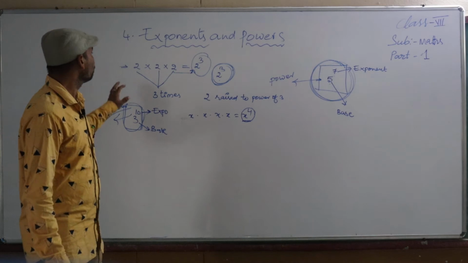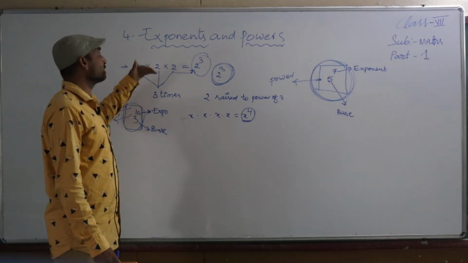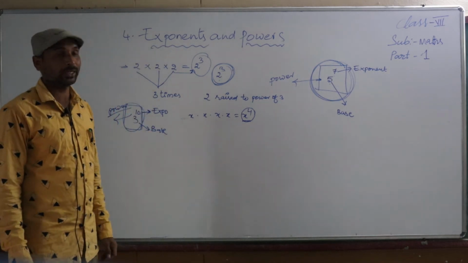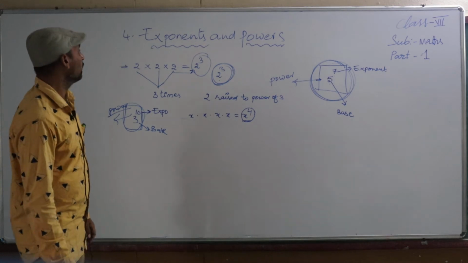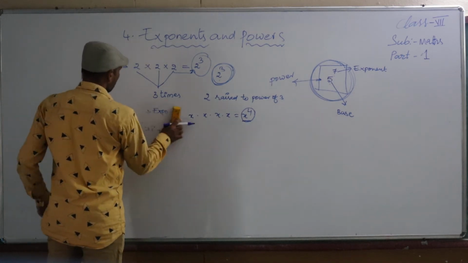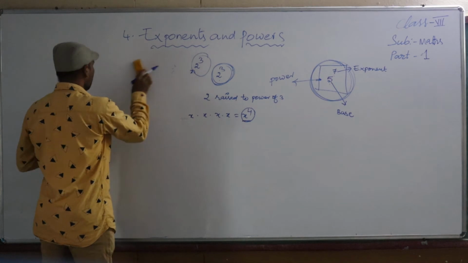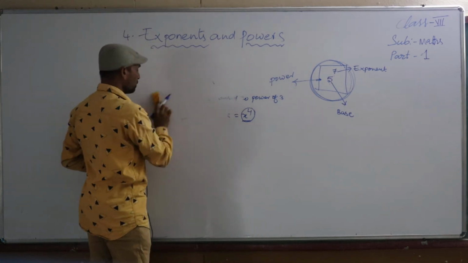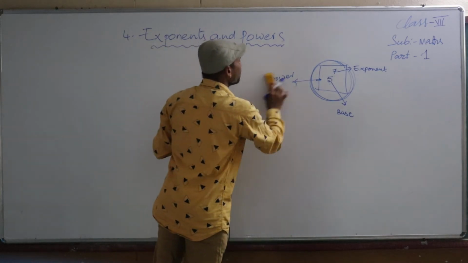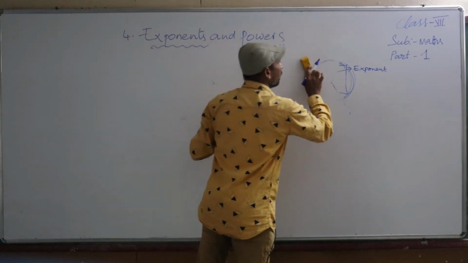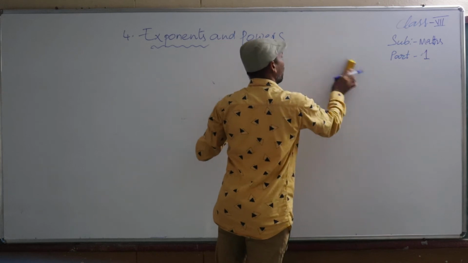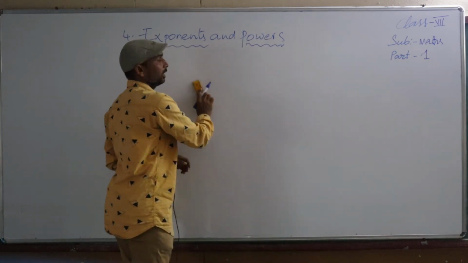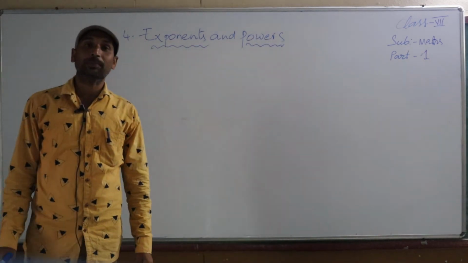So here we are going to discuss exponents and powers. Based on the laws of exponents, first I will explain what is there in the chapter, then after that we will go through the problems.